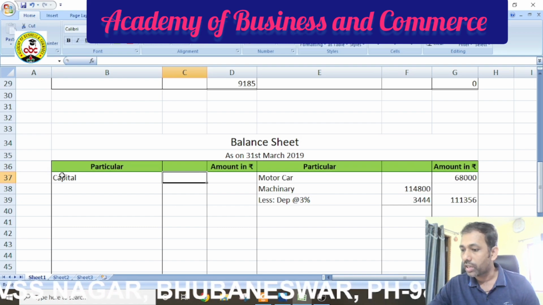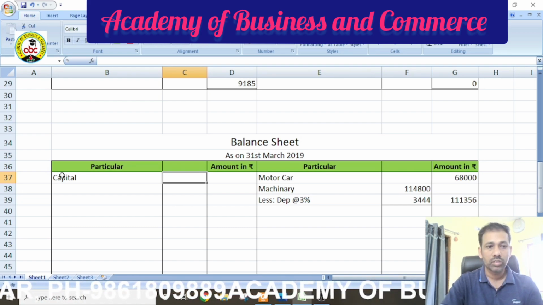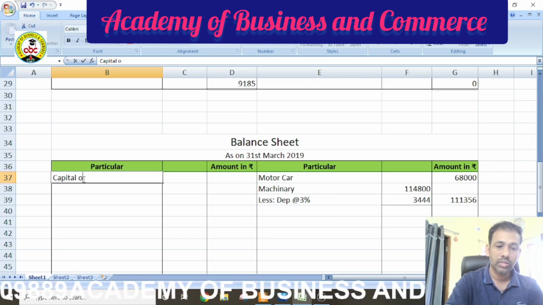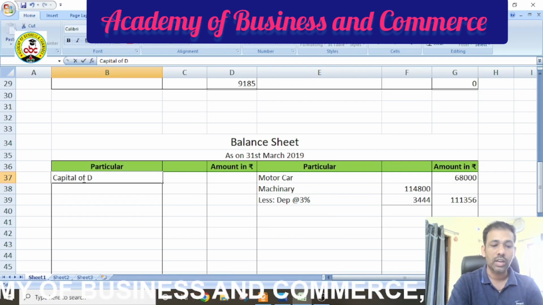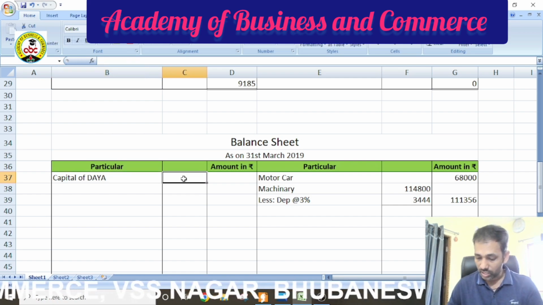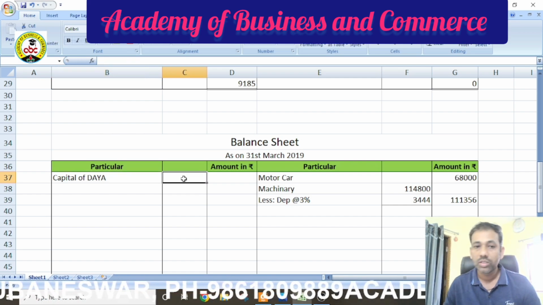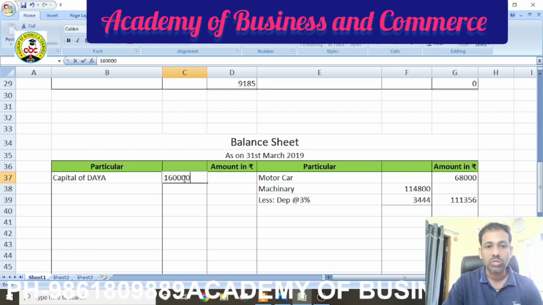Because there are two partners, you have to take separately from both the partners' capital. So Daya's capital is how much? Daya's capital is 1,60,000. So you have to take 1,60,000 as Daya's capital.